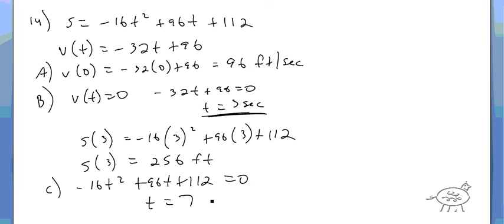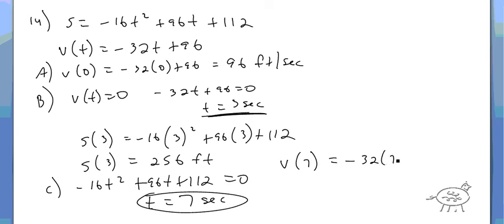Well, obviously, it can't be negative 1, so the time is 7 seconds. Okay, but they want to know what the velocity is at that time. So v of 7 is equal to negative 32 times 7 plus 96. So v of 7 is equal to negative 128 feet per second.